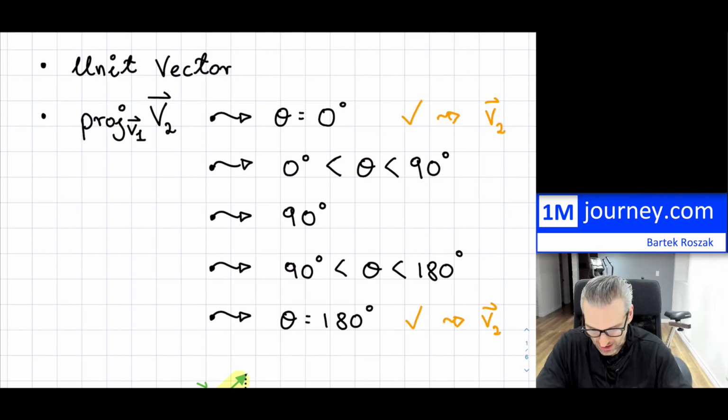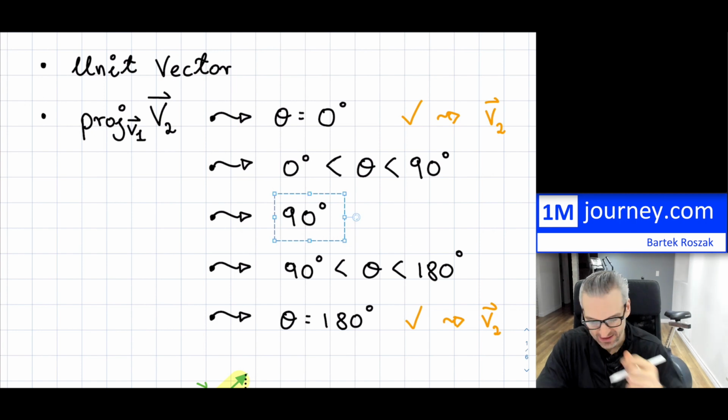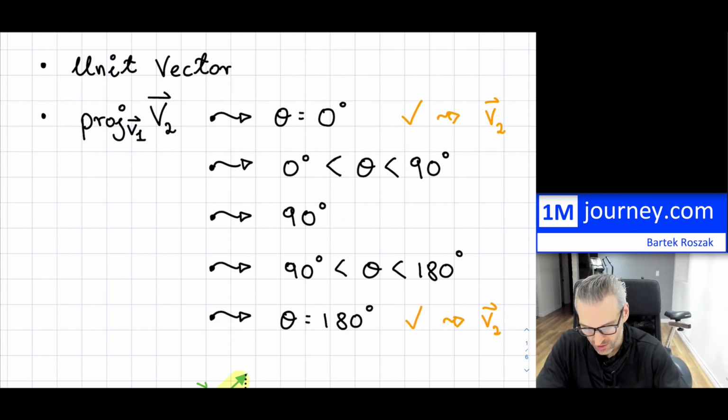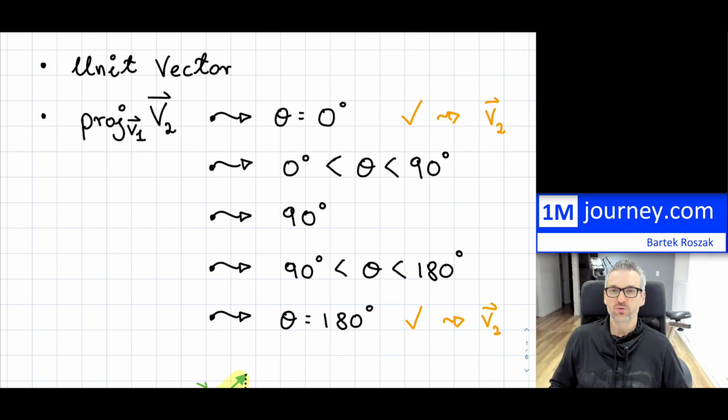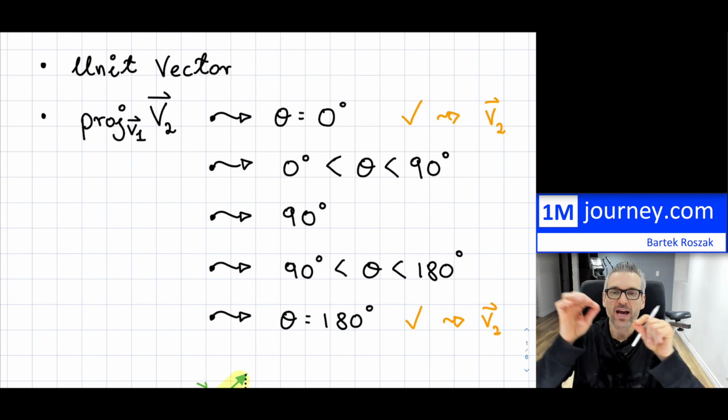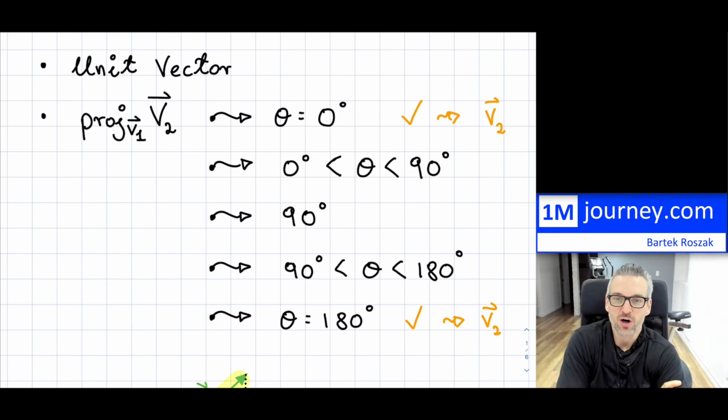What is interesting is the case when we have an angle of 90 degrees. You may recall that if you do the dot product between two vectors that have a 90-degree angle between them, the dot product is 0. That shouldn't surprise us in any way.